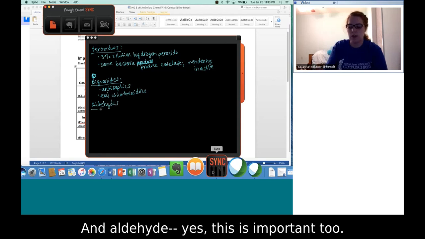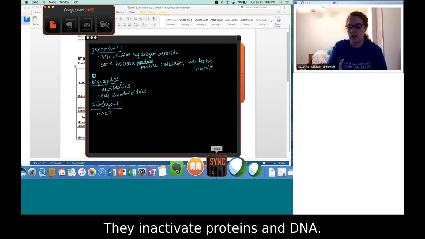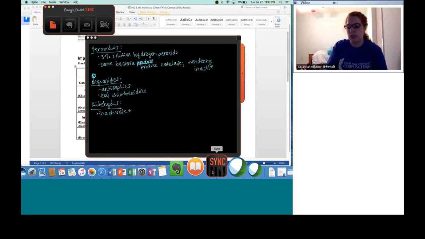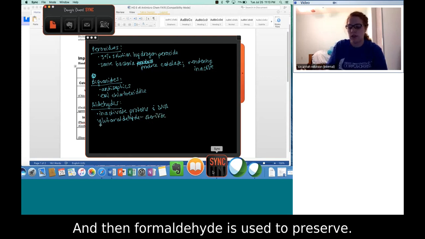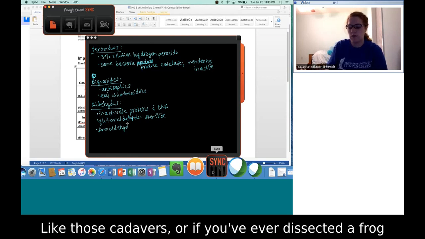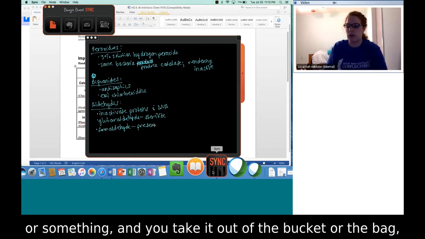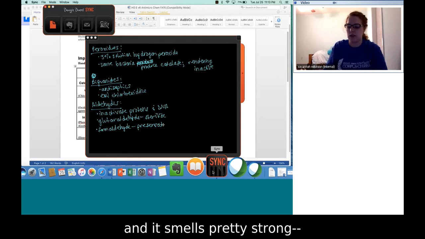And aldehydes. Yes, this is important too. They inactivate proteins and DNA. And examples of aldehydes here: glutaraldehyde, and that's used to sterilize, and then formaldehyde is used to preserve, like with cadavers, or if you've ever dissected like a frog or something and you take it out of the bucket or the bag and it smells pretty strong.